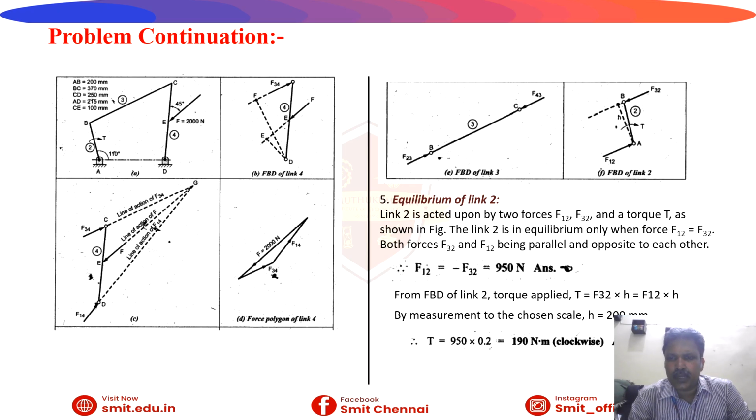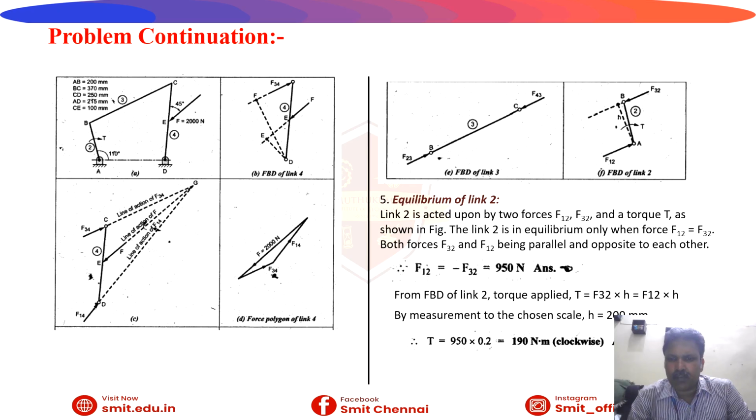Link 2 is in equilibrium only when F12 equals F32, because these forces are parallel and opposite to each other. Therefore F12 equals minus F32, equal to 950 Newton.